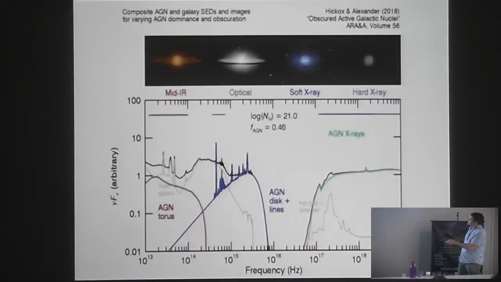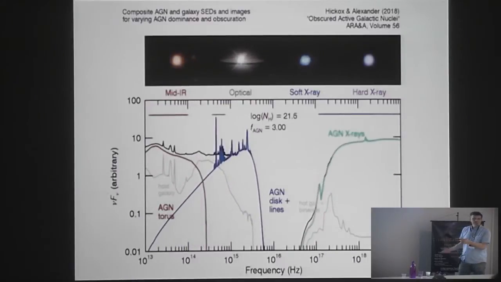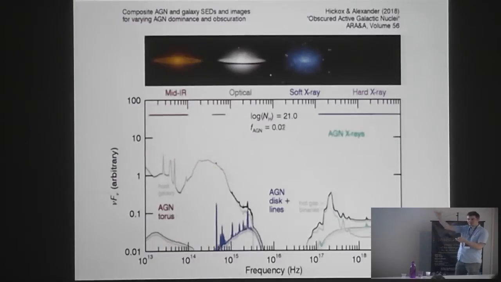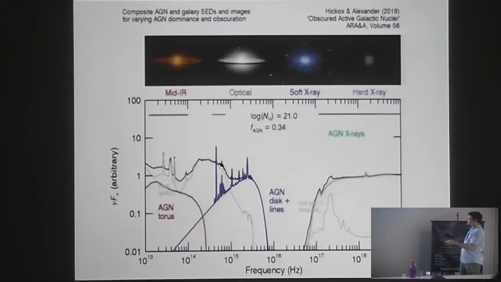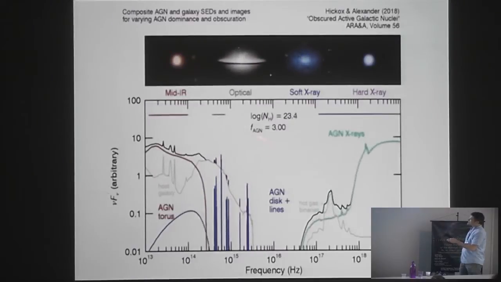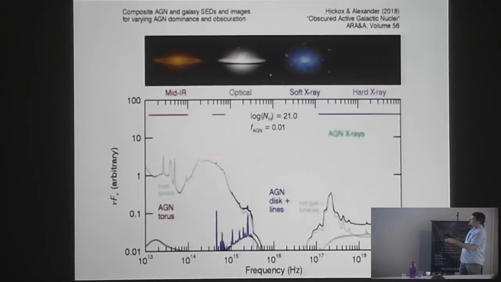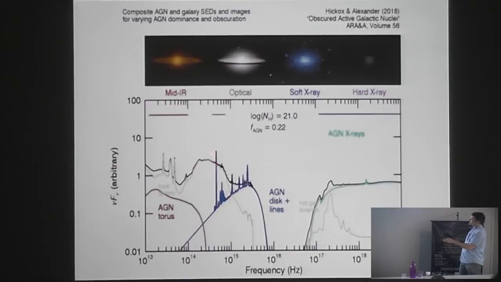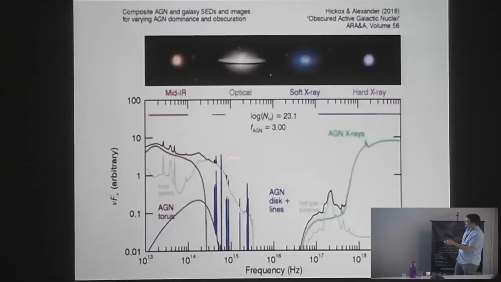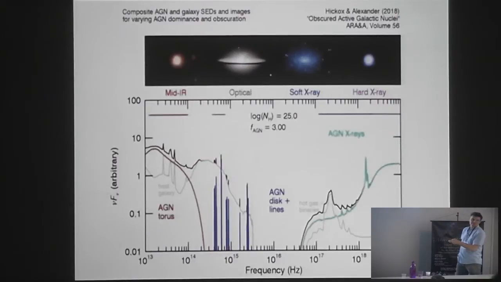In the UV, you don't see it at all. This is because even a small amount of dust will absorb the UV. So the IGM essentially can eat away this. But you do see it in the optical. And then as you increase the obscuration, you miss it, and you just end up seeing it here in the near infrared. You see that the lines remain for a longer period of time.